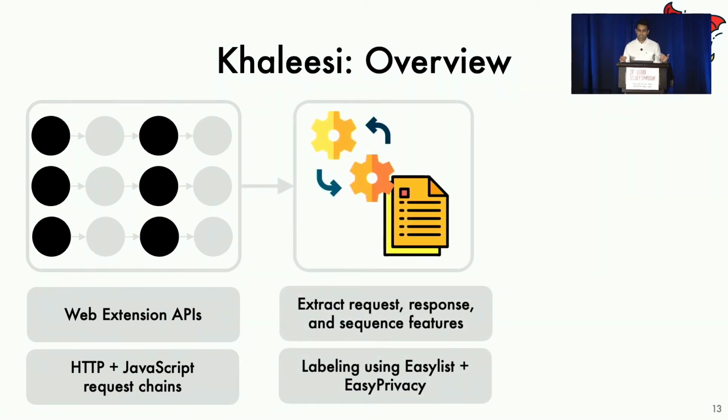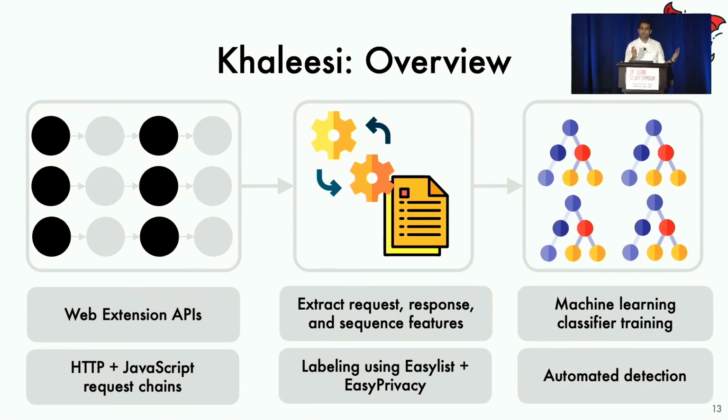Once Khaleesi has organized those request and response pairs into chains, it extracts features from the request, response, and sequential properties, and labels them with popular ad and tracker blocking filter lists like EasyList and EasyPrivacy. And after labeling, Khaleesi feeds these chains to a machine learning classifier, which learns to detect advertising and tracking request chains based on the request, response, and sequence properties.